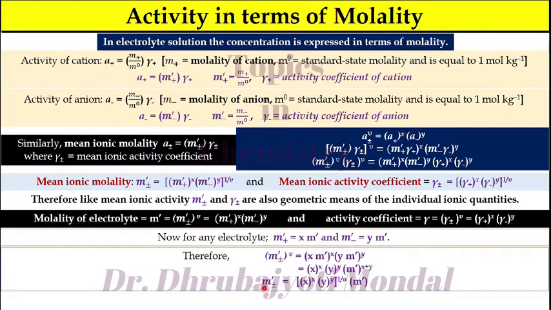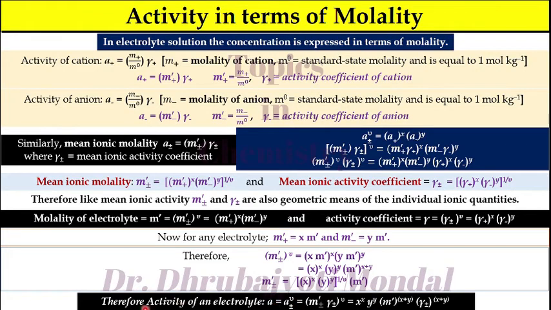Therefore, m'± equal to (x to the power x, y to the power y) whole to the power 1 by ν, ν means x plus y, into m'. That is the relationship between the mean ionic molality and molality of an electrolyte, and that depends on the number of cations and number of anions.